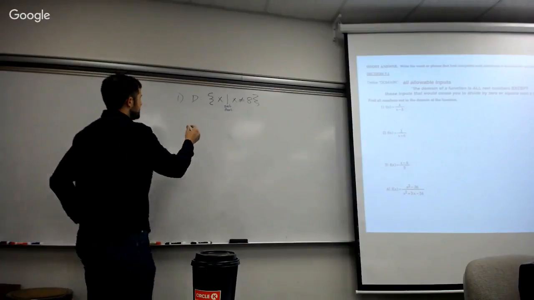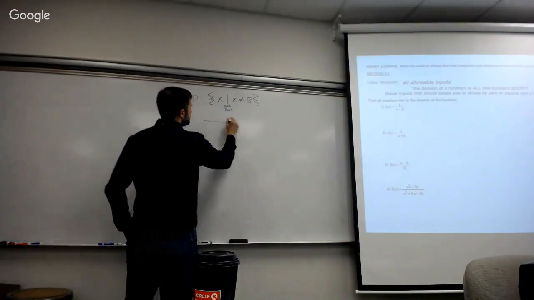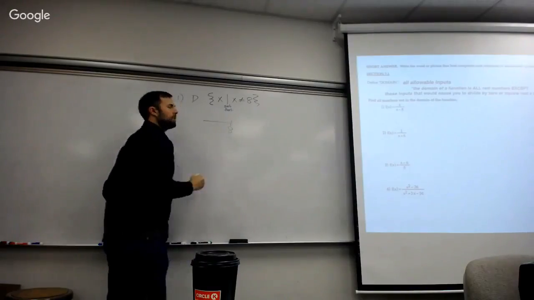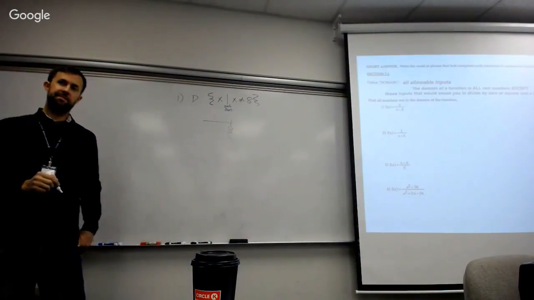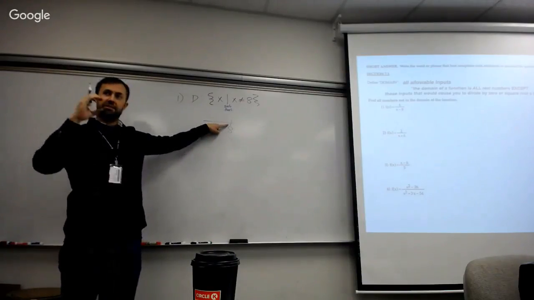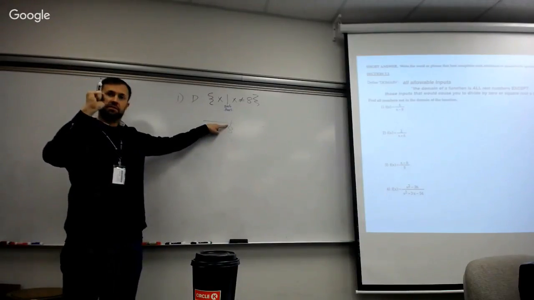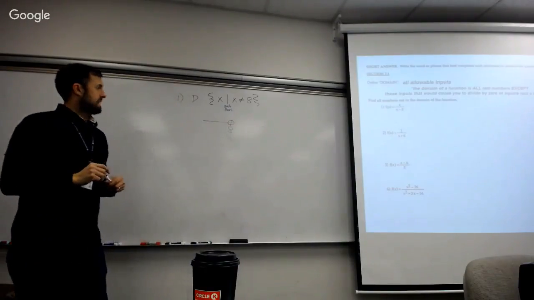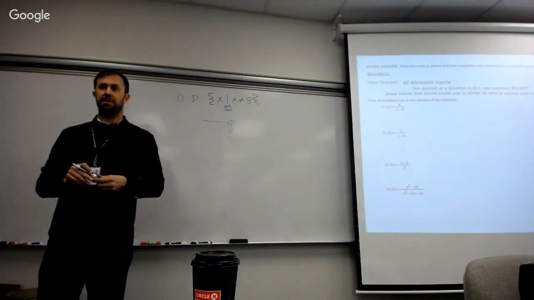The other way you could do it is as a number line. On a number line, if x can be anything other than 8, what would I shade? First of all, what kind of circle do I put on 8, an open circle or a closed circle? Open, because open means not included. This is a little bit of a review of number lines.